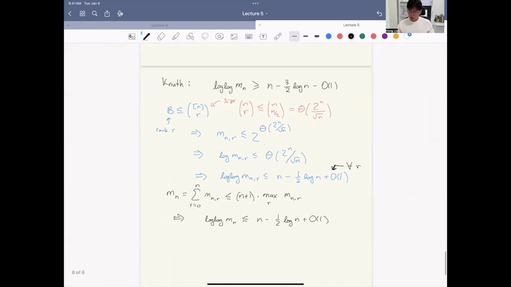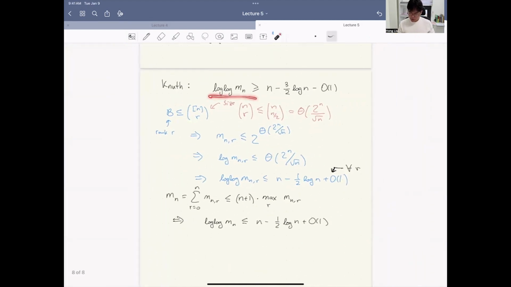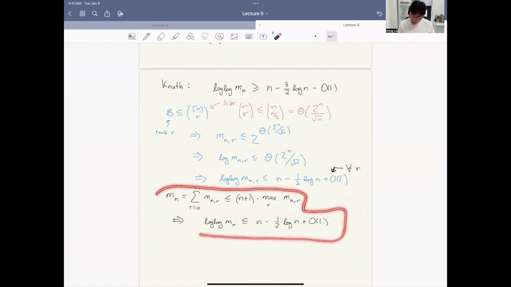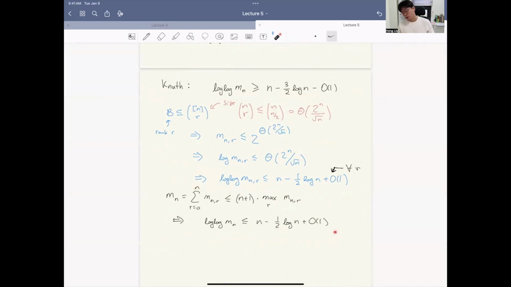Now, if you stare at this lower and upper bound on log Mn, it's off by an additive factor of log n. So the result we're going to prove today is an improved upper bound, using slightly more clever arguments.